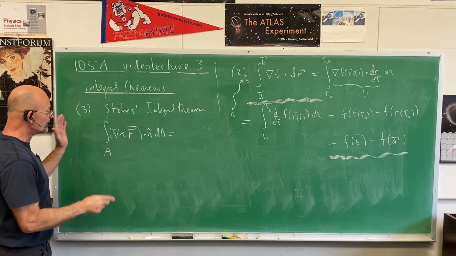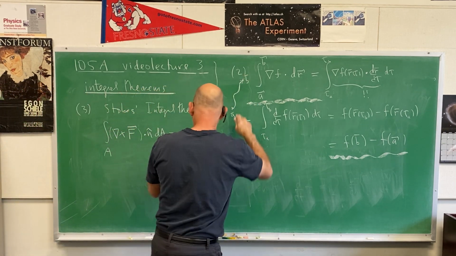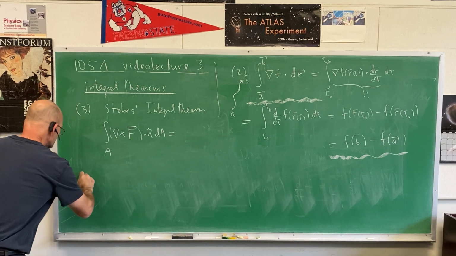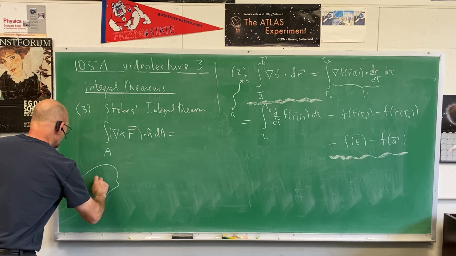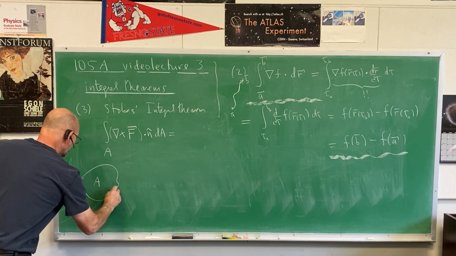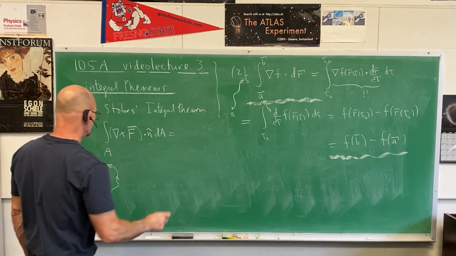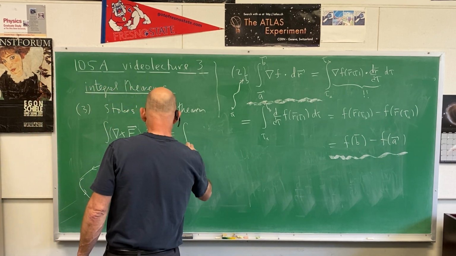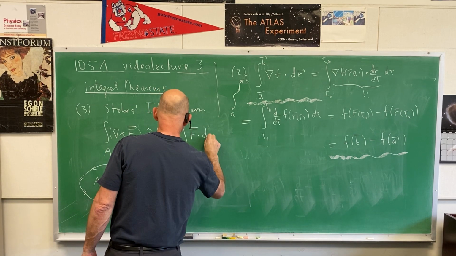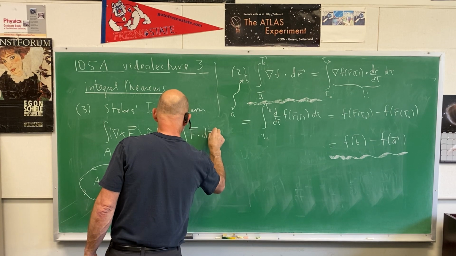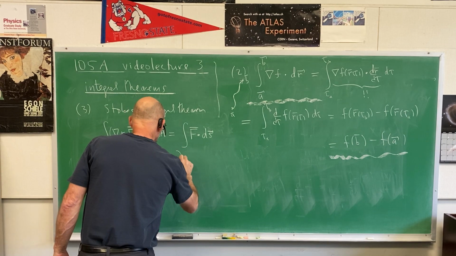the value of the function on the boundary. Just like over there, the value on the boundary was at the endpoints. Here, the boundary of a surface. Now, there's your surface, so the boundary of this surface is a closed curve. So that's the integral f dot ds, I'll call it, length element, f dot ds on the boundary.